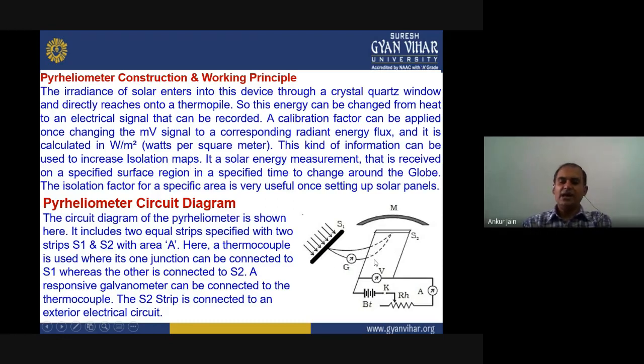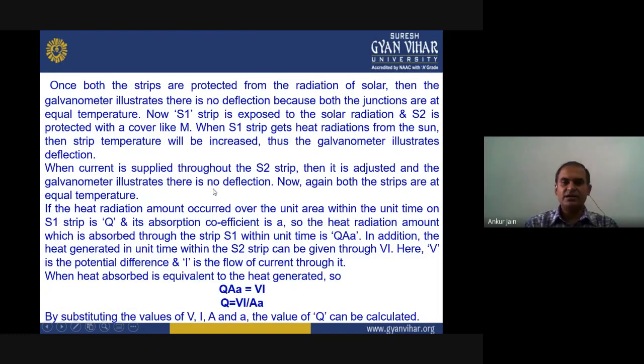But if we allow one strip to be exposed to the solar radiation and cover the other strip by some shadow, then there will be a deflection in the galvanometer. That's what we have written.